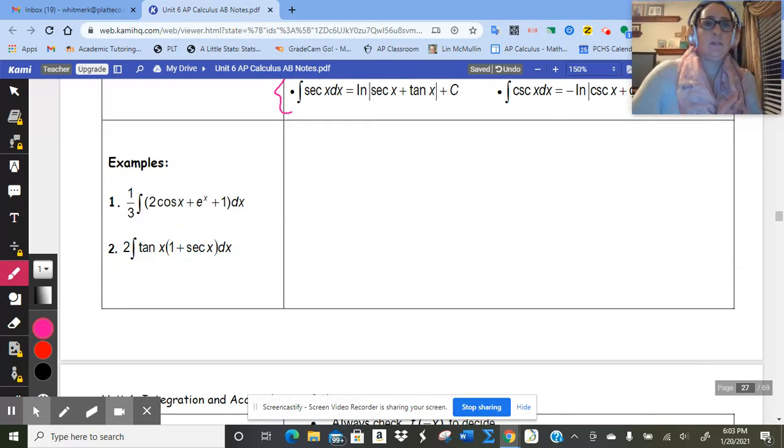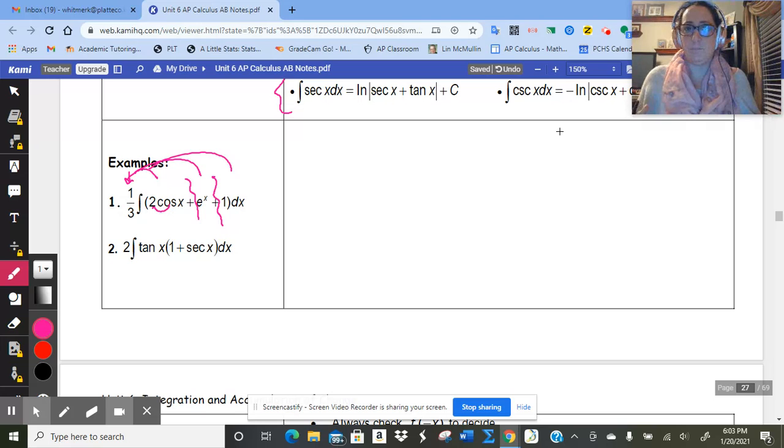Okay, so let's do an example. On number 1, I'm not going to rewrite it, I'm going to think through it doing those separately. The 1/3 is actually with every single thing because it's out in front. The 2 is only with the cosine. So let's see. This 2/3 is going to come along for the ride. The antiderivative of cosine is sine.